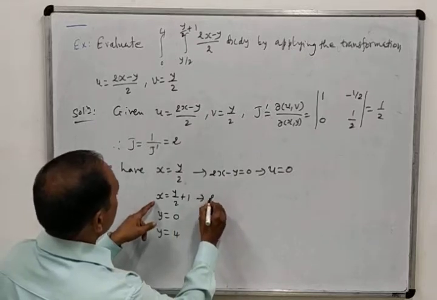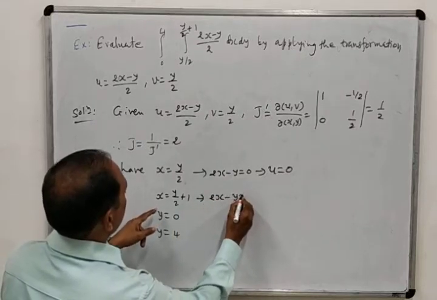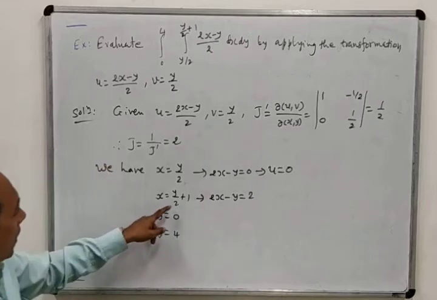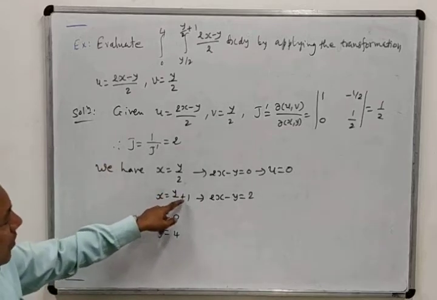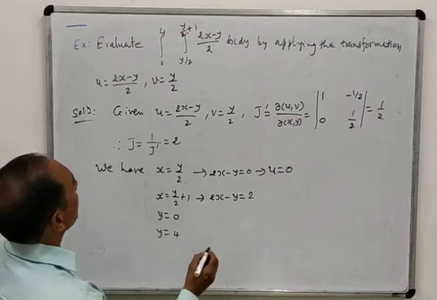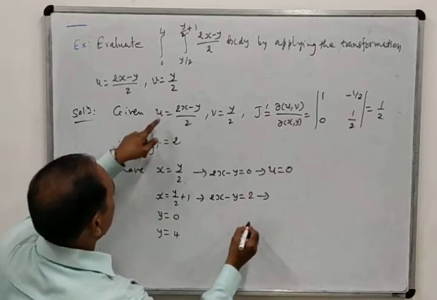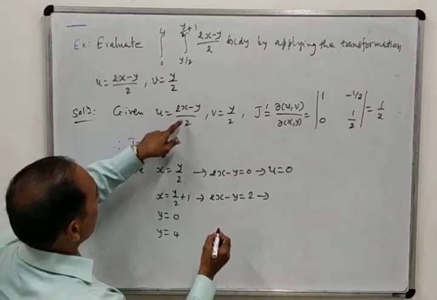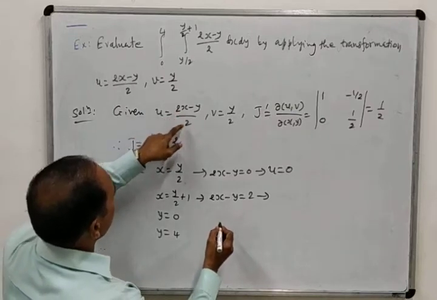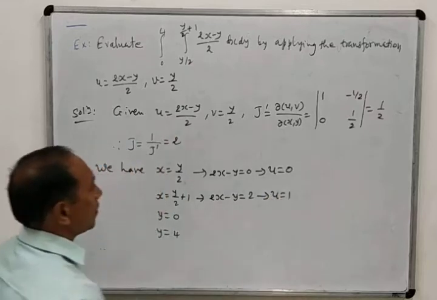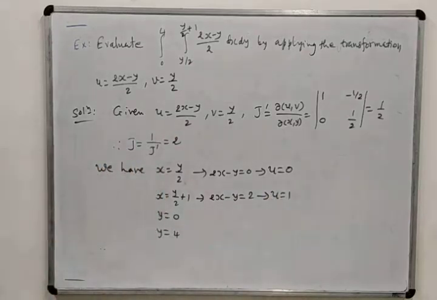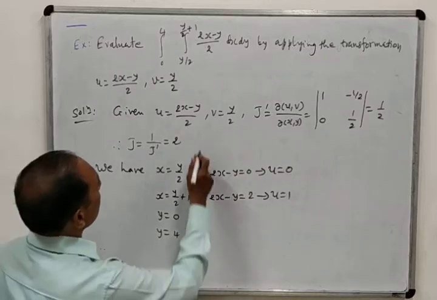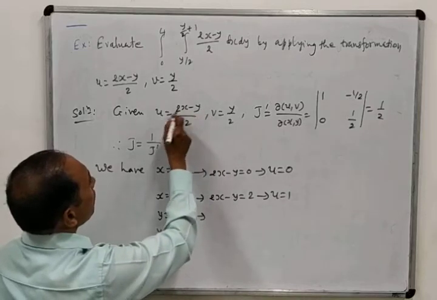So this is also, you can see, 2x minus y equal to 2. Okay, 2x equal to y plus 2, that means 2x minus y equal to 2. So u is 2x minus y by 2, so 2x minus y equal to 2, so 2 by 2, that means u equal to 1. You can observe this is converted in terms of u. Then we have y equal to 0. Y equal to 0 we can also put over here.